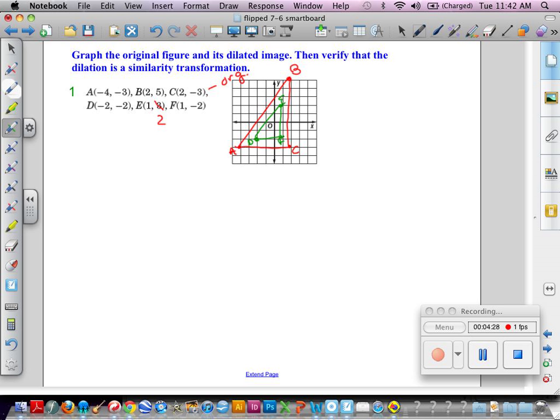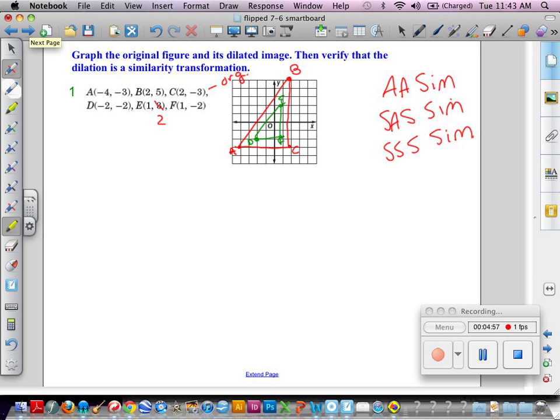All right, I called A, B, C my original, and D, E, F my second one, because ABC is listed first. And so I need to verify this, either using my AA similarity, my side-angle-side similarity, or my SSS similarity.